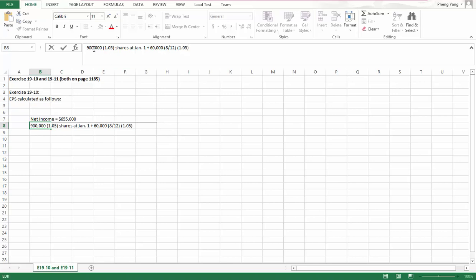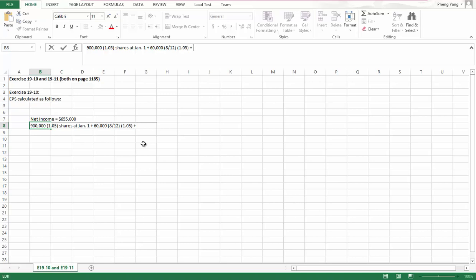I'm going to multiply the 900,000 by 1.05, which will include that 5% stock dividend: 100% of those plus 5% of that. Once I have my 60,000 being outstanding for 8 months of the year only, I'm going to multiply that by 1.05 for the stock dividend, because it happened in May. If it had happened prior to April, we wouldn't be doing that.